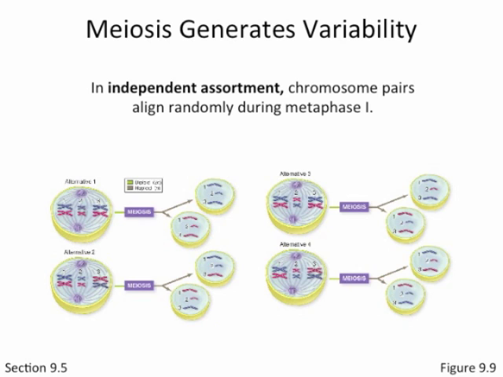Alternative 3 produced blue 1 and blue 3 and red 2 versus red 1 and 3 and blue 2. And alternative 4 had blue 1, red 2 and 3 versus red 1 and blue 2 and 3. So we now have 1, 2, 3, 4, 5, 6, 7, 8 different versions of sperm, or 8 different versions of eggs produced from the same 3 homologous pairs.